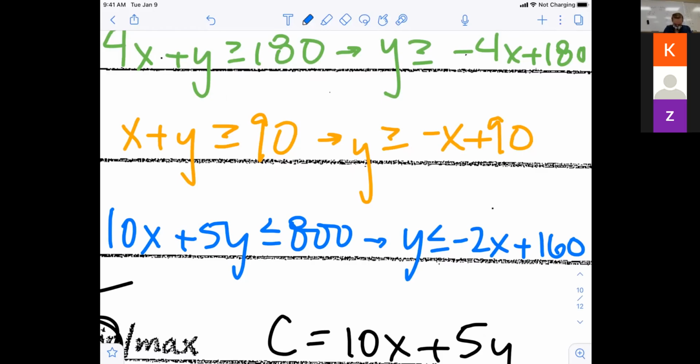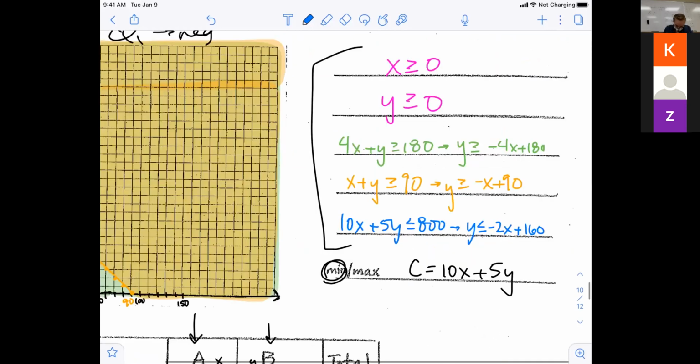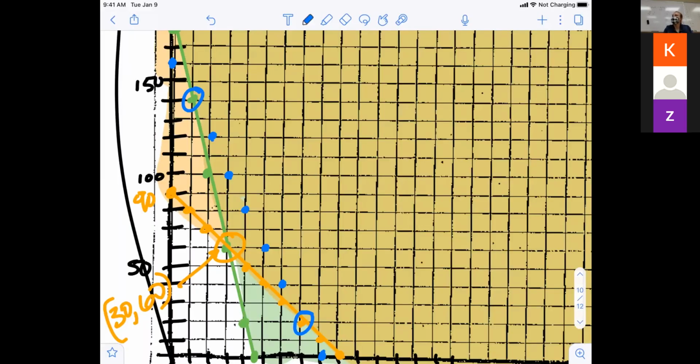Let me go 160, negative 2. Oop, there's a point that I intersect at. Oop, there's another one. You see those other 2 points I intersected at?